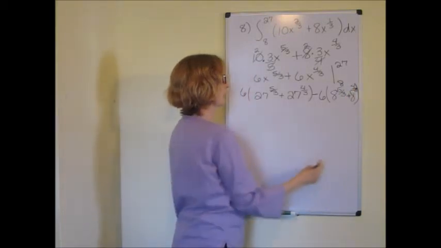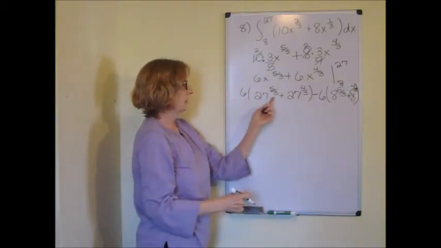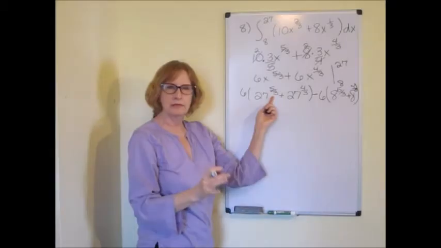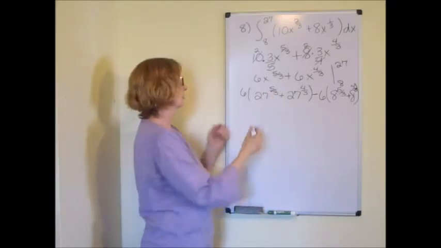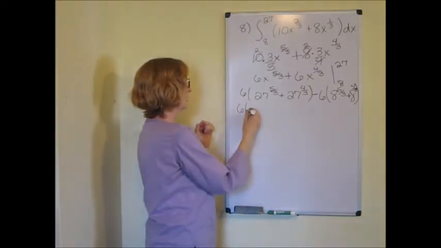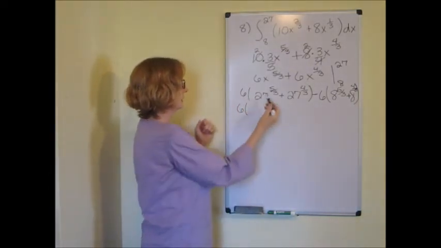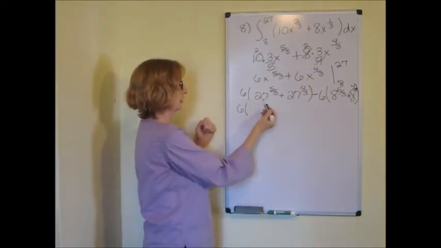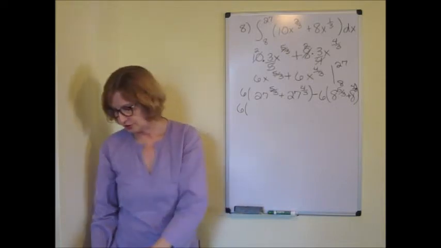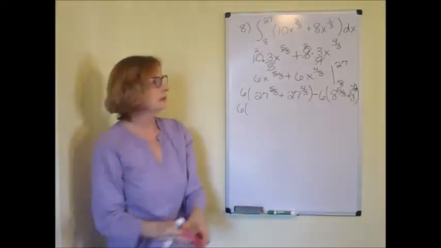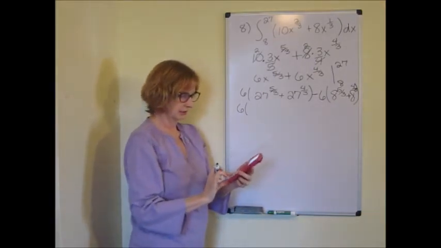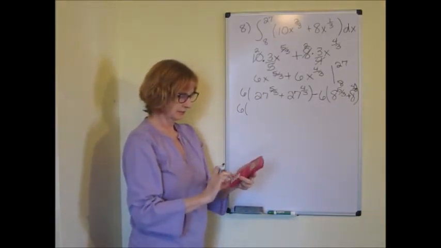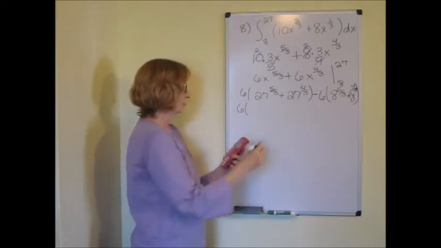Let's see what we get. Remember that the denominator of that power is really the index on the radical. So what I really have here, if I were plugging it in, is the cube root of 27, which is 3, right? And then we're going to take that 3 to the 5th power. So let's see what I get there. 243.